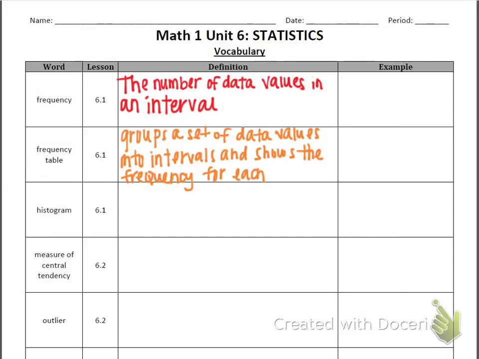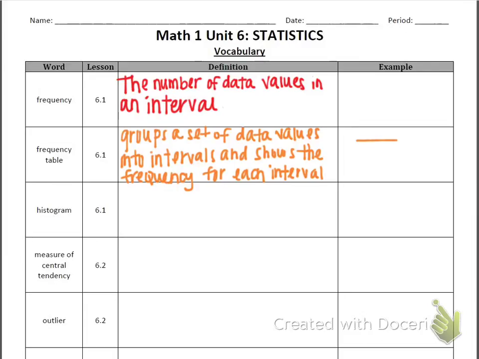And we are going to do an example for this one. Okay. So in the example, we're going to make just a sample frequency table.